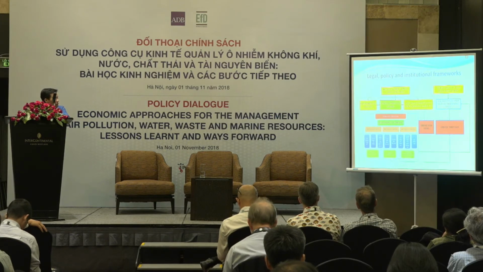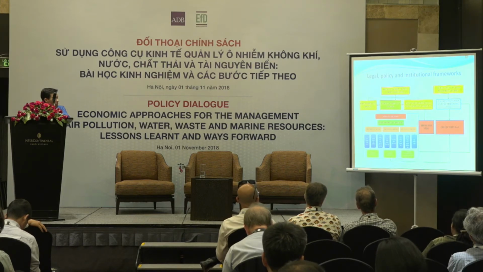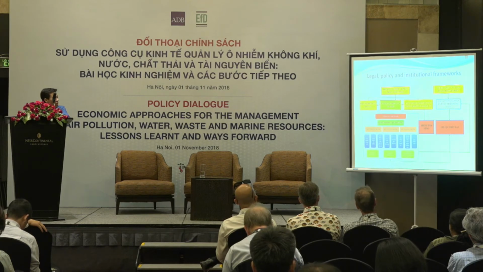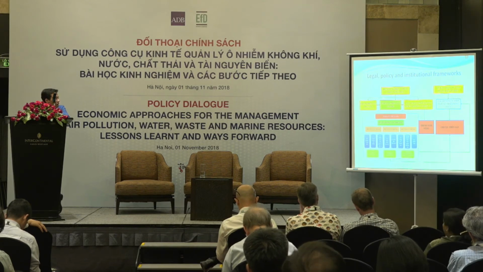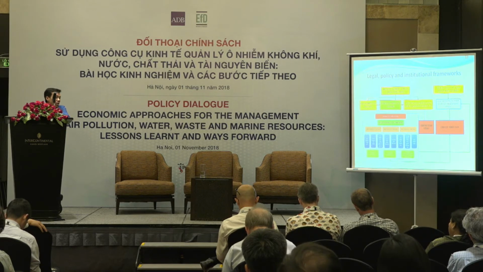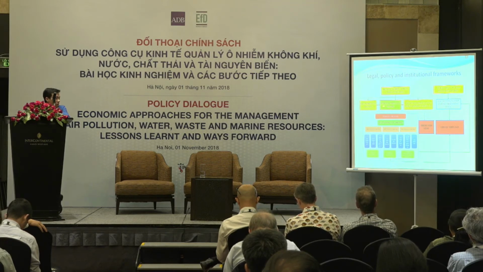This is our structure, the institutional arrangement. So we have the Ministry of Agriculture and Rural Development here, and under it the provinces, where we have the coastal area, 28 coastal provinces. Under the Ministry of Agriculture, we have one research institute, and the Directorate of Fishery managing the legal framework.